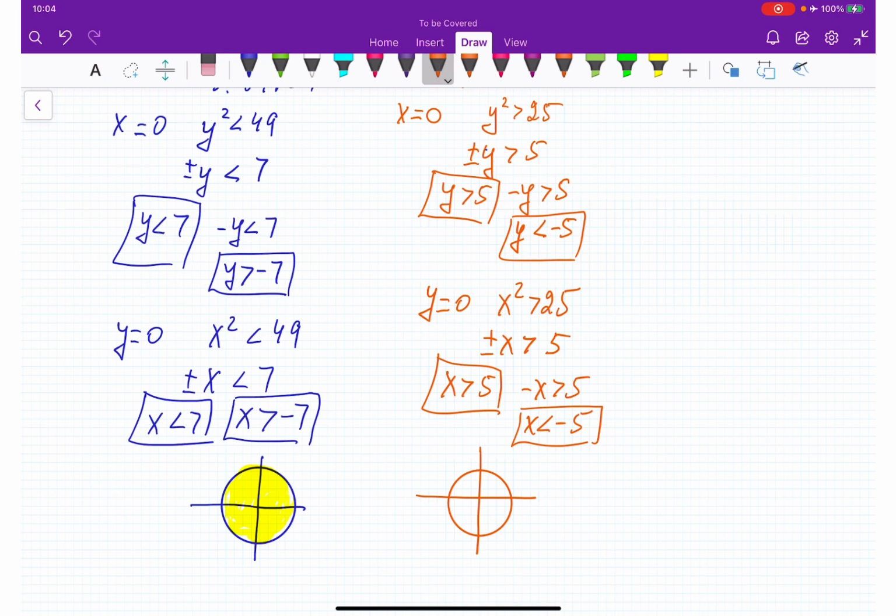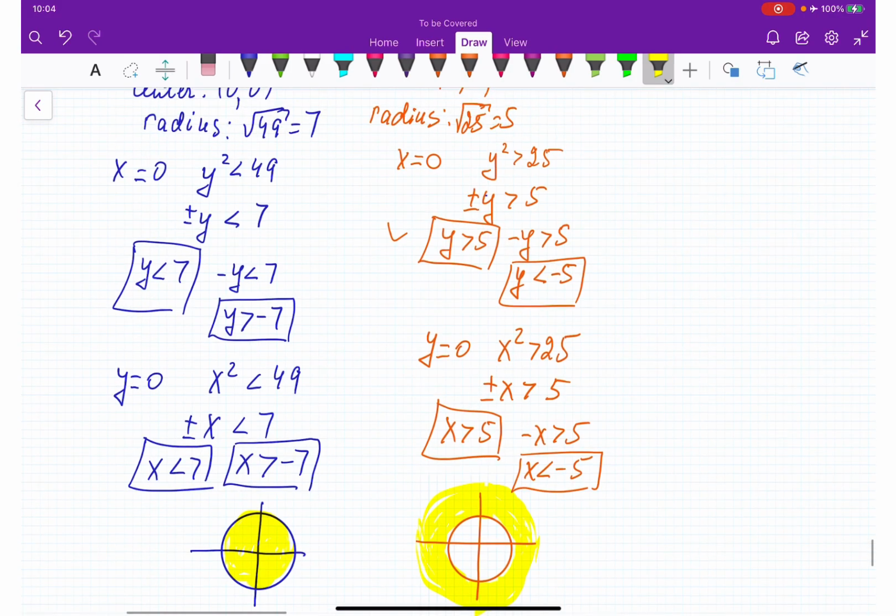So y is greater than 5 or less than negative 5, and x is greater than 5 or less than negative 5. So this is what's going to happen. It's going to be all around this circle. Okay? There we go.